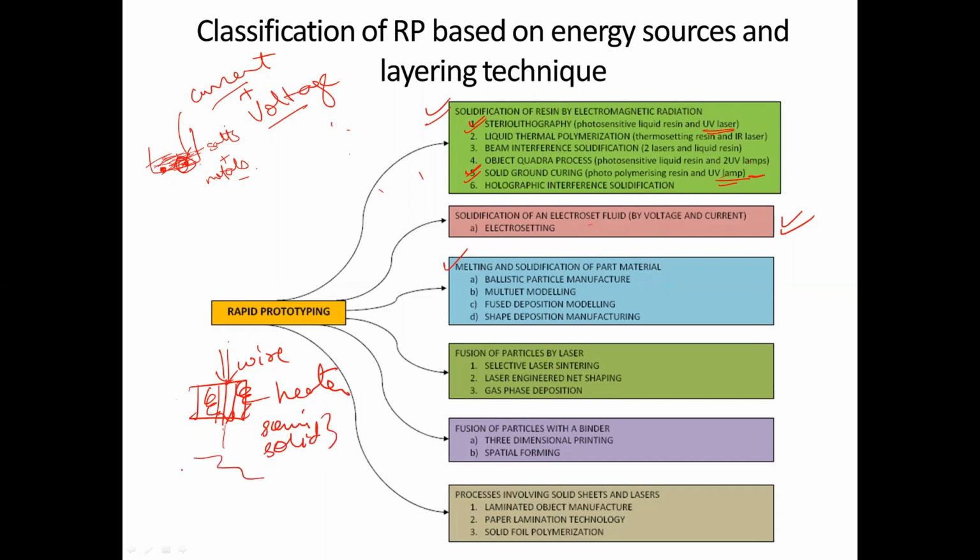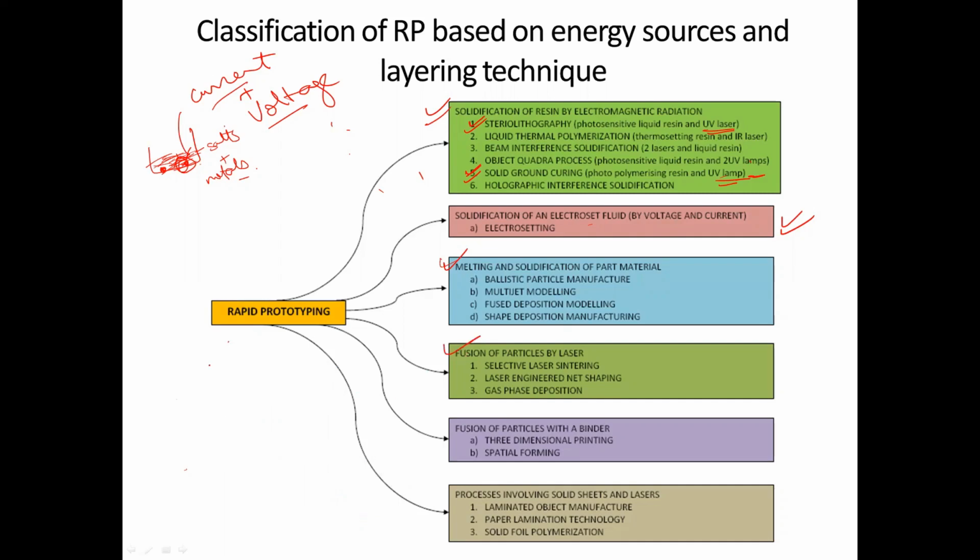It gets deposited on the work surface and it cools and comes back to the solid phase. So melting and solidification of the part material is the easiest mechanism that has been thought of. And this is the mechanism which is primarily utilized nowadays in most of the additive manufacturing systems.